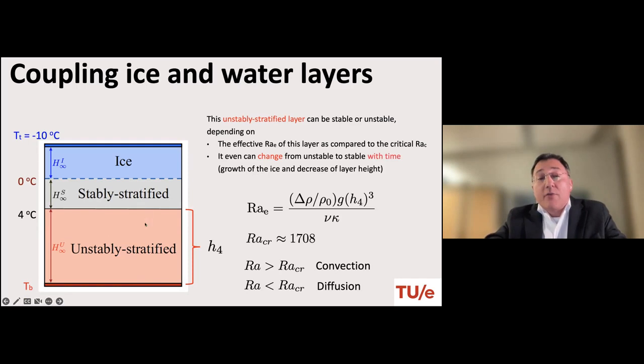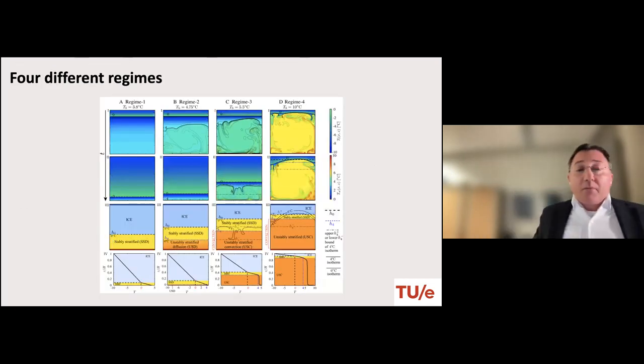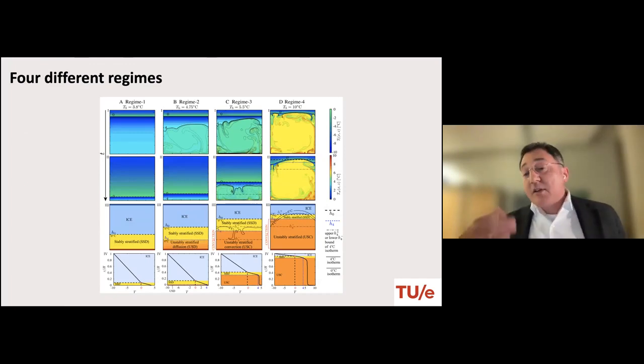If you consider the height of this region, which we would call H4, and you consider all the parameters of the problem, for example, this is 4 degrees, of course, by definition, and this TB you fix, then the effective Rayleigh number is either larger or smaller than a critical Rayleigh number. So this region could be conductive, or convective, or even turbulent.